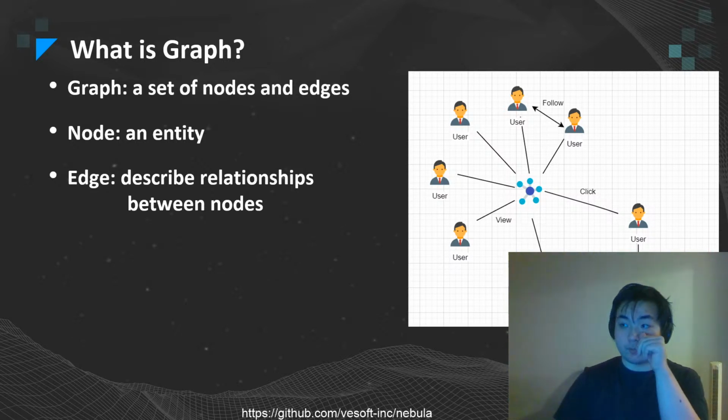Edges represent the relationship between different entities. And the graph itself is a set which contains both nodes and edges. So you can define your relationship with your friend, such as friendship, as a relationship. If your friend borrows money from you, you can define that as well.